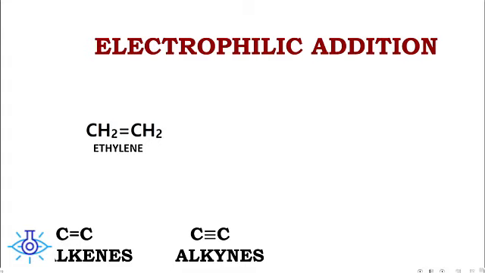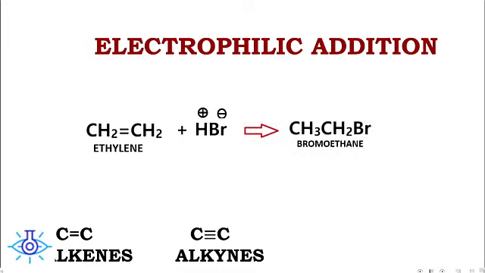Suppose ethylene is attacked by a reagent like HBr. HBr will dissociate into H plus and Br minus, and the addition will occur on the double bonded compound ethylene, resulting in the formation of bromoethane.